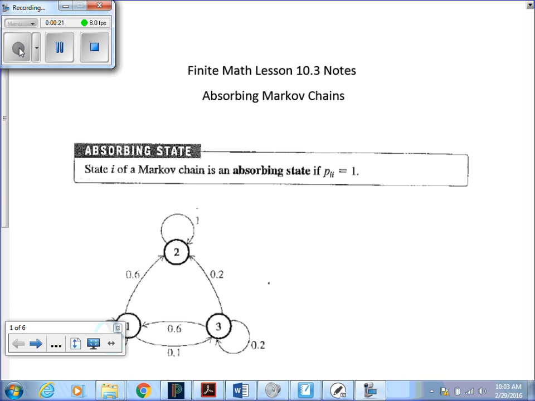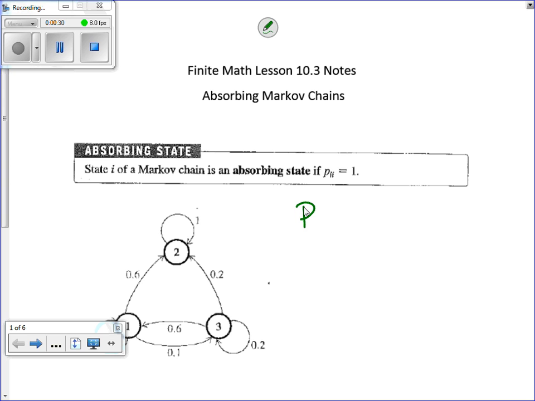It says state i of the Markov chain is the absorbing state if P_ii equals 1. That means the probability of going from state 2 to state 2 is 1, or from state 1 to state 1, or state 3 to state 3.